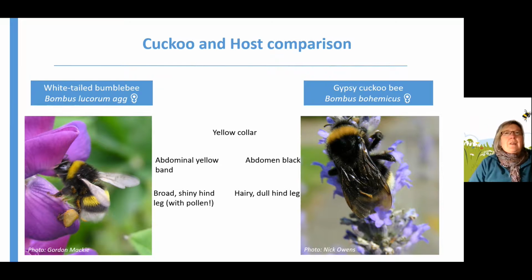Again, we know that the legs are different, and this one is not the cuckoo because it's carrying a big pollen lump, which the cuckoos never do. White tail in the white-tailed bumblebee complex, white tail in bohemicus, but with pale yellow flashes, notched as well, above the white.